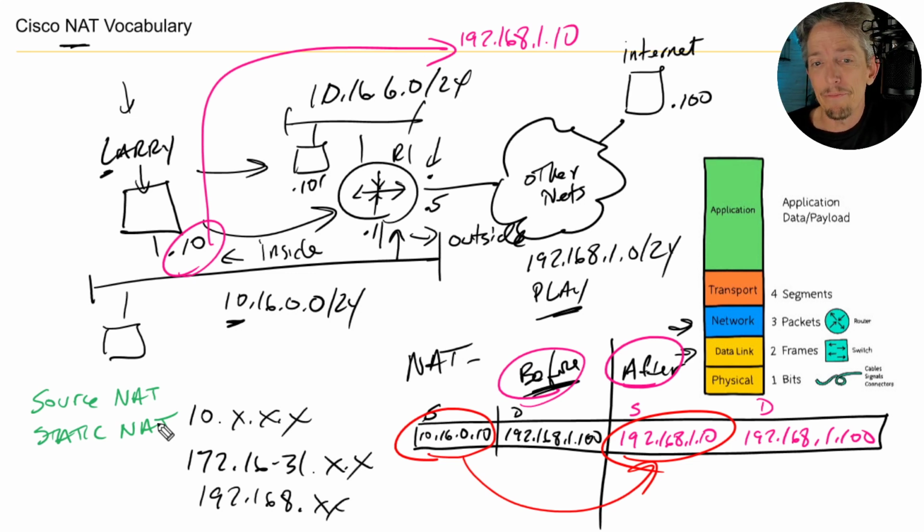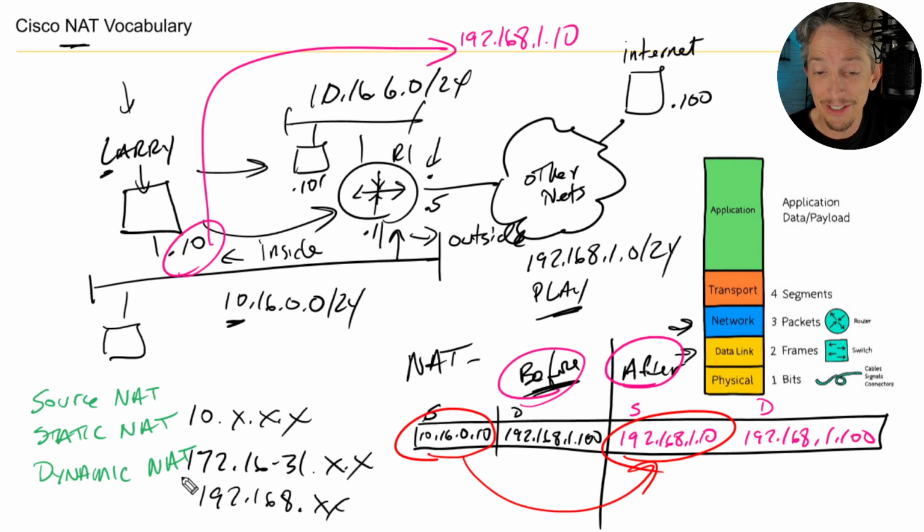Now, if we set up dynamic translation that said, okay, Larry, when anybody in your subnet, based on your source IP addresses, has traffic routed out to the internet or across this NAT device from the inside to the outside, we'll have a rule in place, but we won't create the translations until you start using them. That's referred to as dynamic NAT. And again, NAT refers to one-to-one translation. So one computer on the inside has its own IP address on the outside.